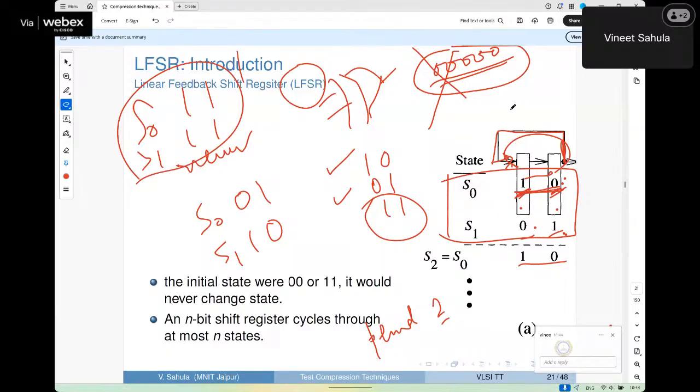So this circuit is good only for initial states of 0, 1 or 1, 0. This is the analysis of this circuit. The period is 2. The maximum period could have been 2 to the power n, or 4 factorial, whatever. We don't know. We were not able to reach that. At least 4 could be there, but we are not able to reach it; we reach less than that.